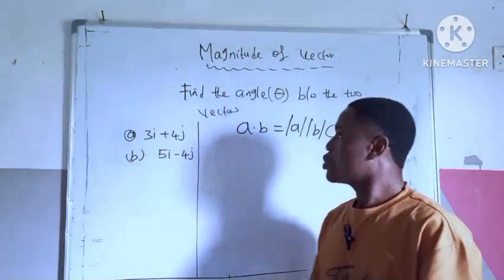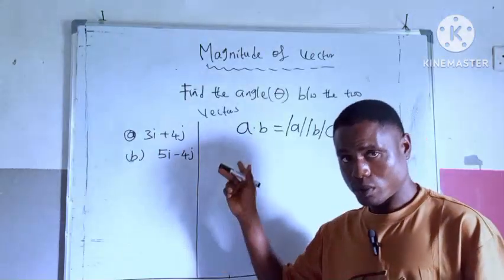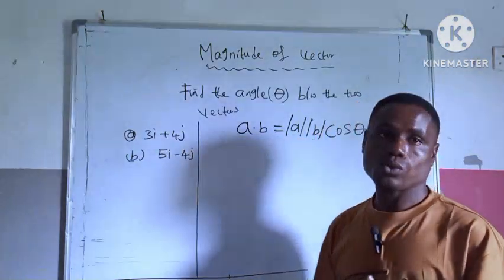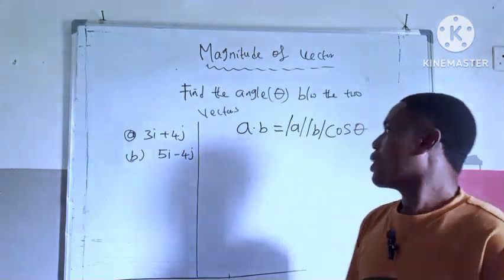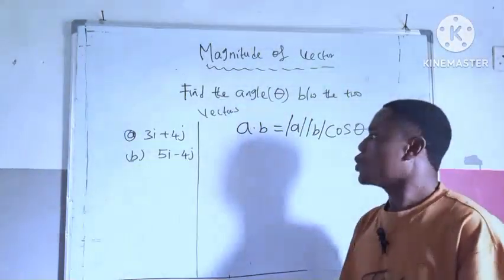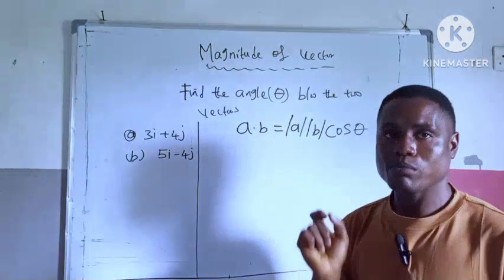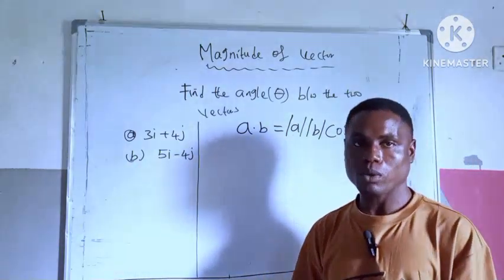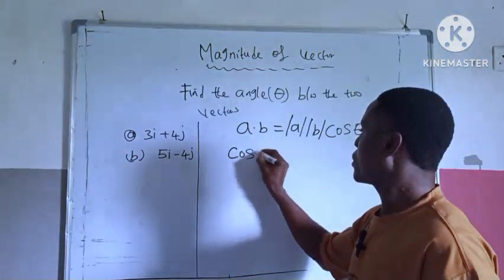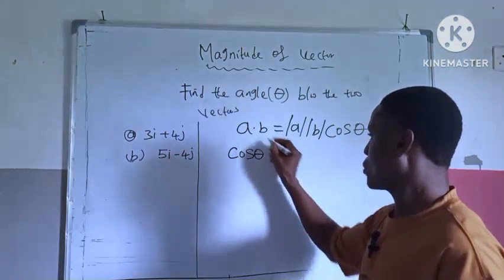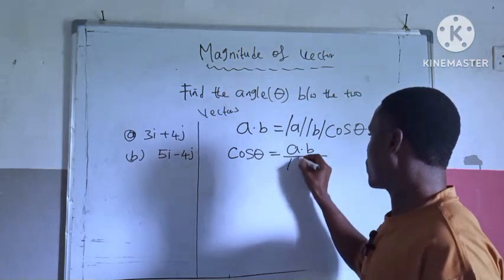I believe you know how to find the dot product, and you know how to calculate magnitude. Since we are finding the angle, let's make it the subject of the formula. So cos theta equals a dot b all over the product of the magnitudes.